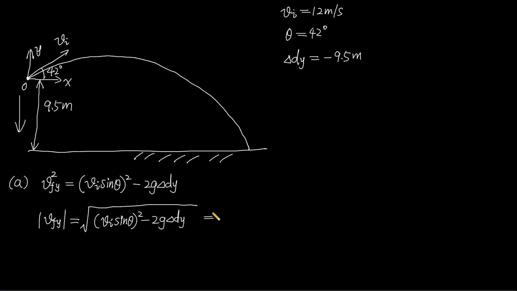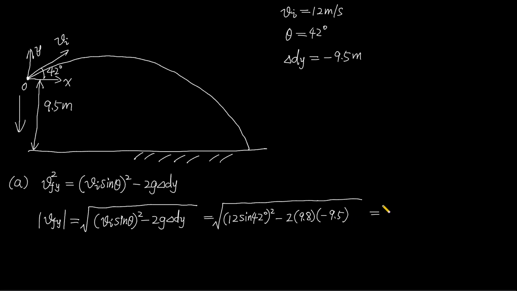Now this equals the square root of: the initial velocity is 12, so 12 multiplied by sin 42 degrees, squared, then minus 2 multiplied by the acceleration 9.8, then multiplied by the vertical displacement negative 9.5.